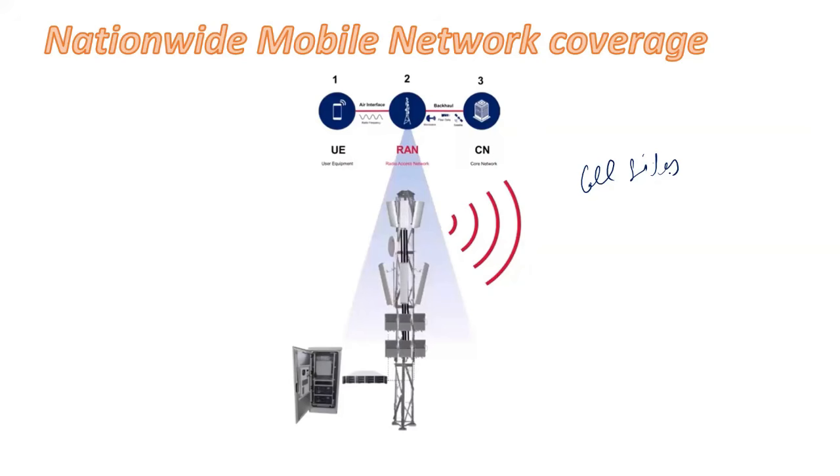The main motive is to ensure maximum coverage and capacity. For example, in urban areas with high population density and building density, network operators may need to deploy more cell sites with lower output power to provide coverage to a smaller area. But in rural areas, with lower population density, network operators may need to deploy fewer sites with higher output power to provide coverage to a larger area.